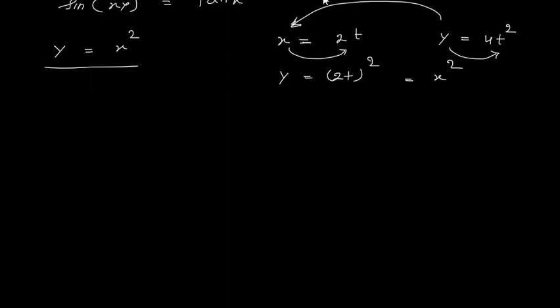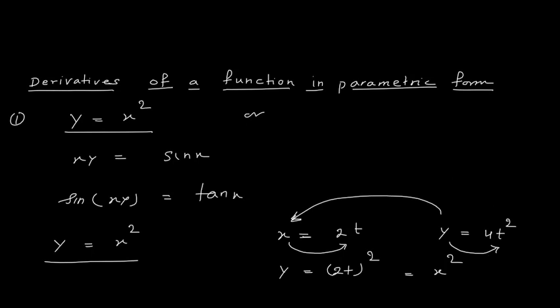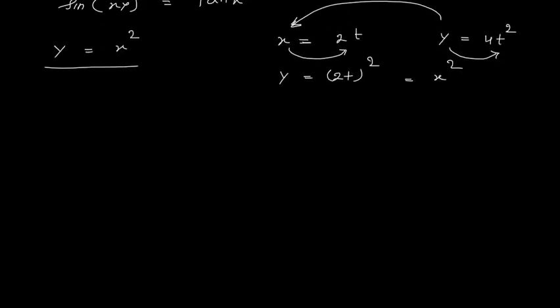And this t is the third variable, apart from x and y. I have to differentiate y with respect to x, but apart from x and y, I now have a new variable t, where x can be expressed in terms of t and y can be expressed in terms of t. Then finding a derivative using this t is called derivative of the function using parametric form, or differentiation of a function in parametric form.